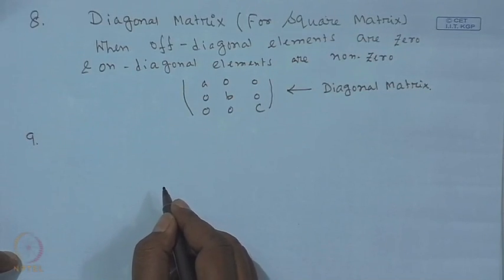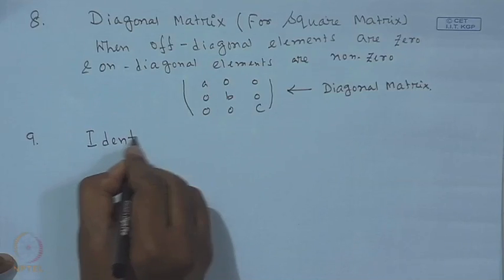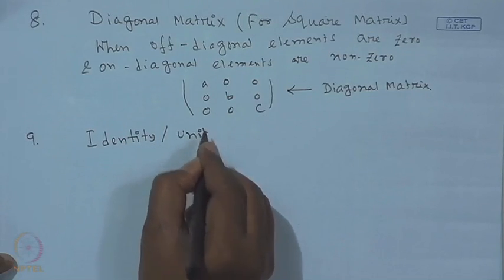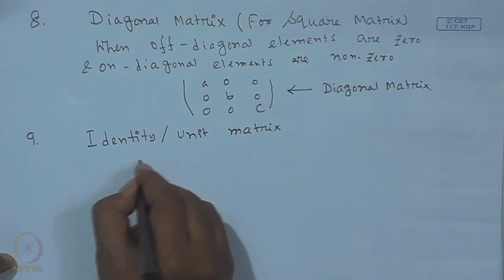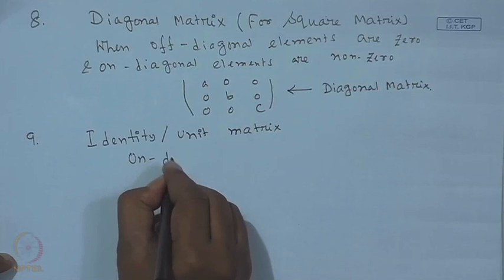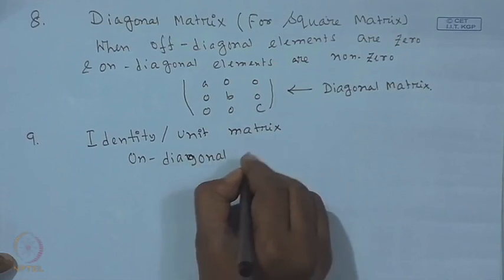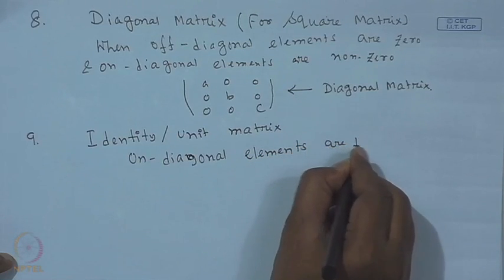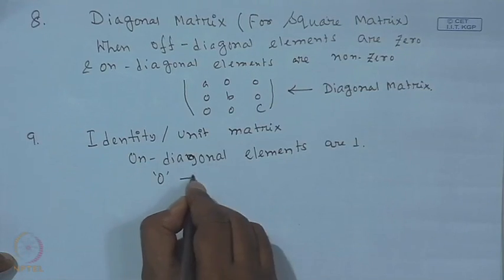If on diagonal elements are 1 and 0 elsewhere, then we call it an identity or unit matrix.